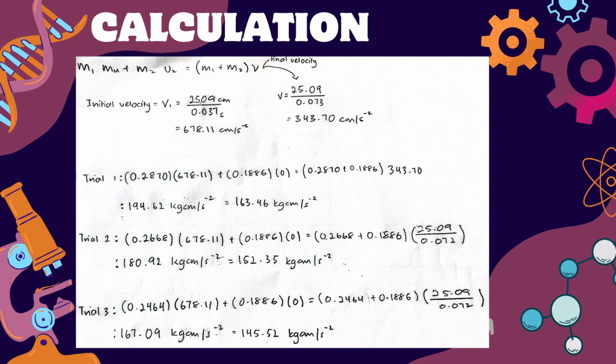For trial number 3, the amount that we calculated is 167.09 kilogram centimeter per second, and the final equals 145.52 kilogram centimeter per second.